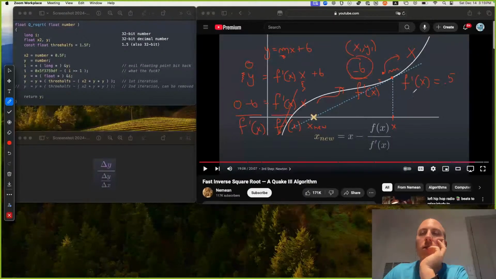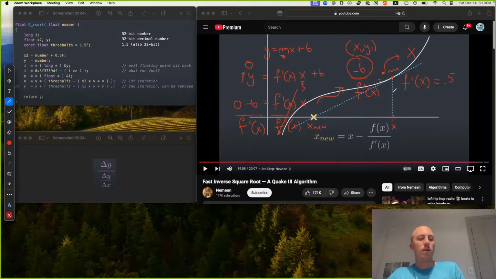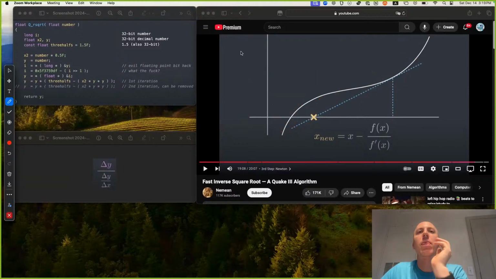So I guess we just need to solve for b. What did we say? x new is equal to negative b over f prime of x, right?